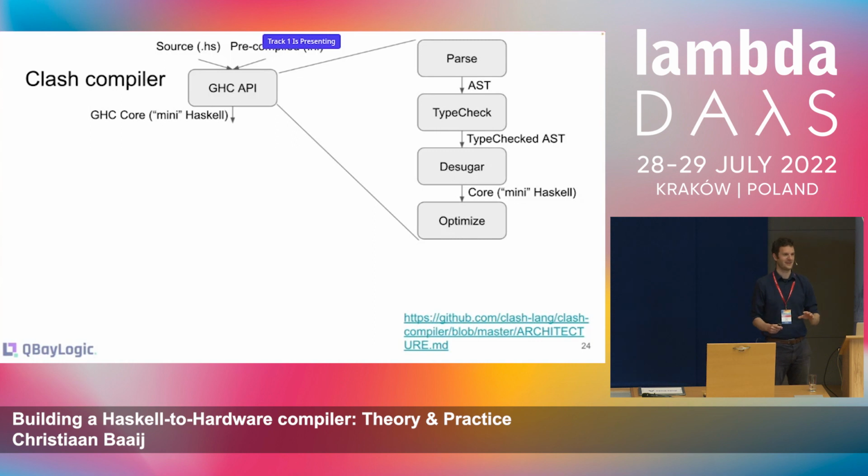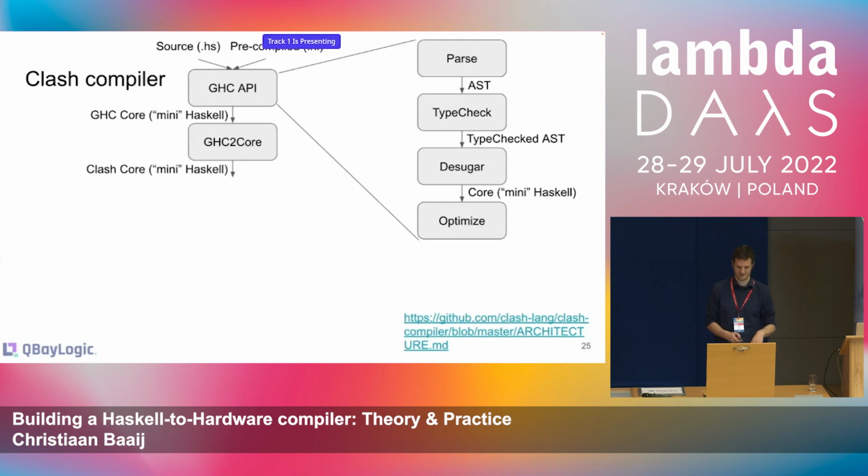In Core, there's only one construct to represent choice. All you have are case statements. Even an if-then-else is translated to a case of True, and the else is translated into the don't-care case. So Core is really mini Haskell. Its BNF grammar basically only has about 12 constructs.